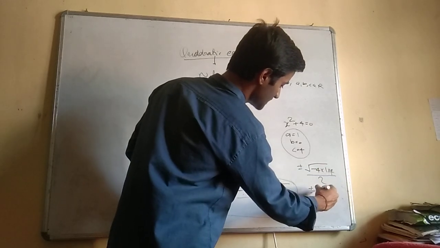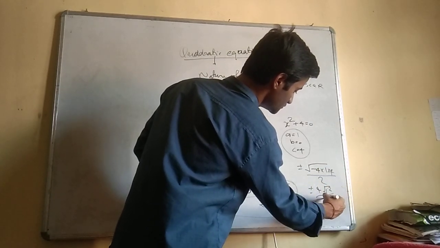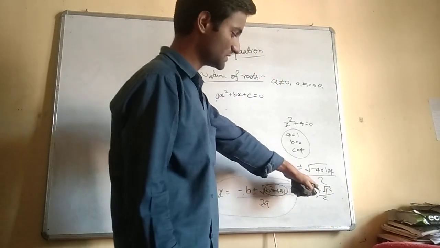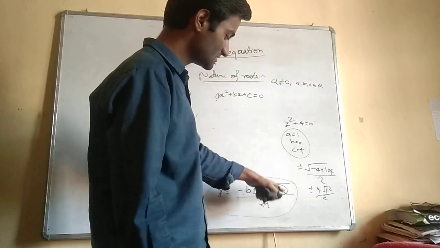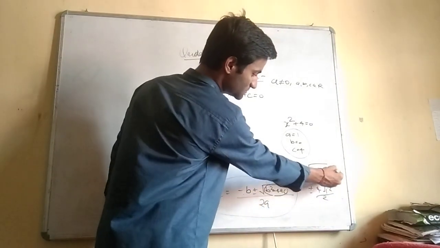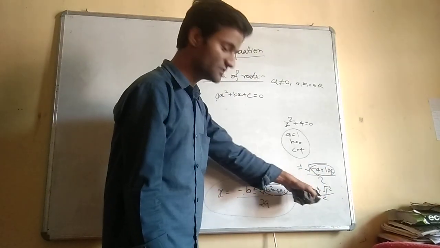So this will become plus minus 4 i square upon 2, so we get i. So one will be plus 2i and another one will be minus 2i. So we are getting that when this is becoming negative, at that time this is giving the imaginary and different roots.